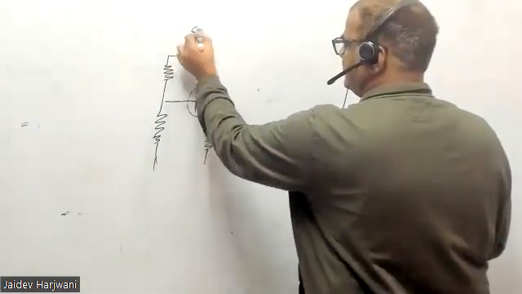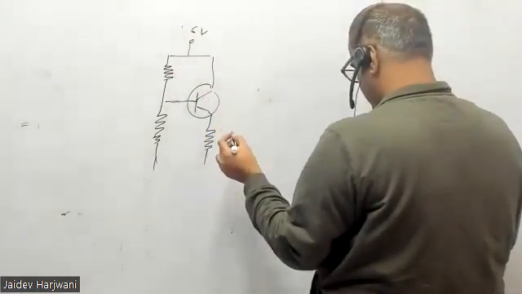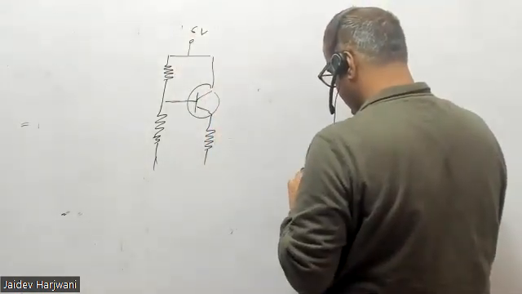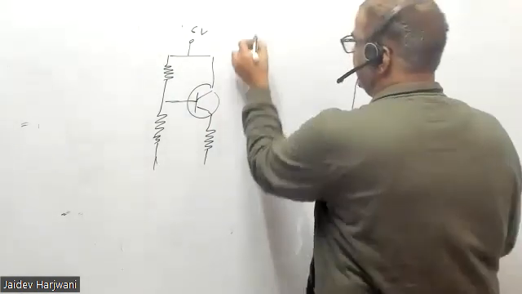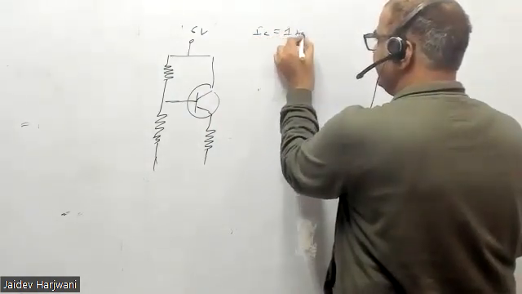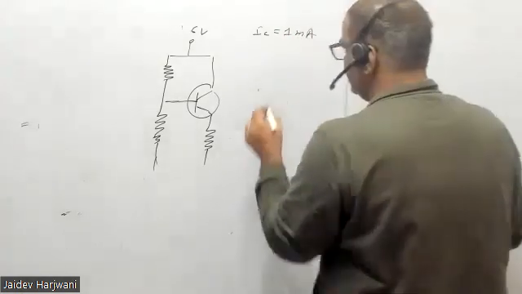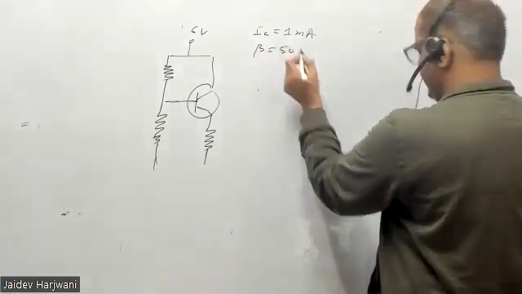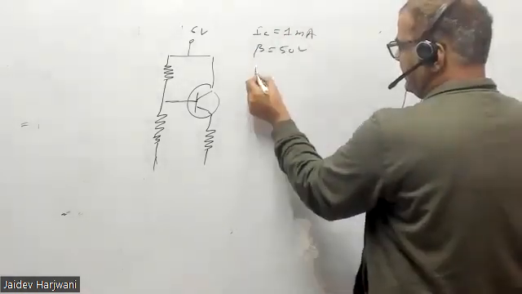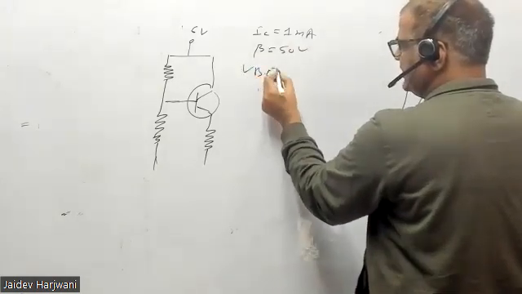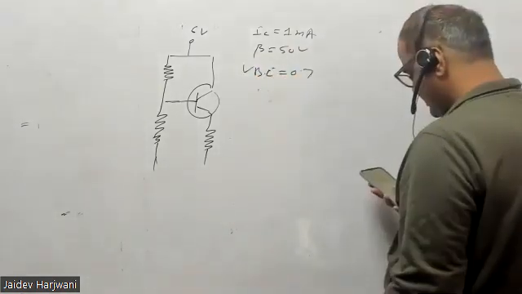This is given as 6 volt. IC is given 1 milliampere. Beta is given 50 and VBE is given 0.7.